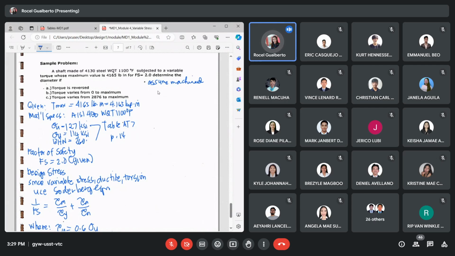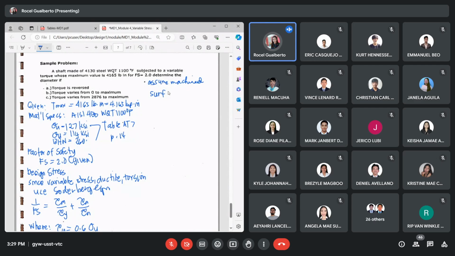Okay? So, with that assumption and using your figure AF5, okay, you find value of the surface factor. Okay? Ano po ang surface factor? 0.83. Okay. So, yung pwede po mabasa natin dun is 0.82 or 0.83.